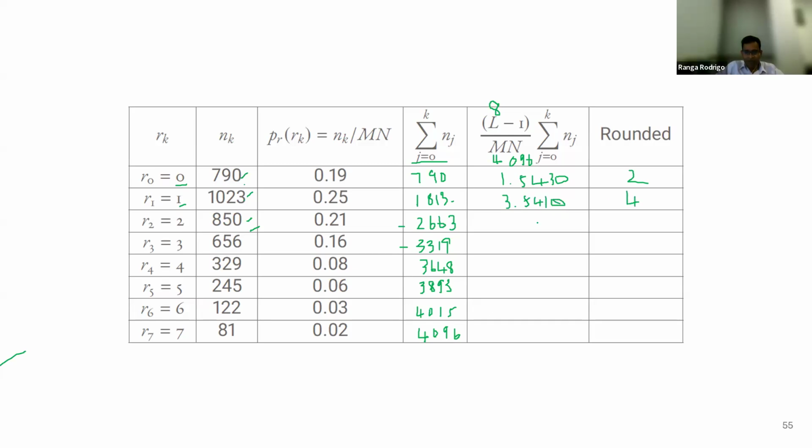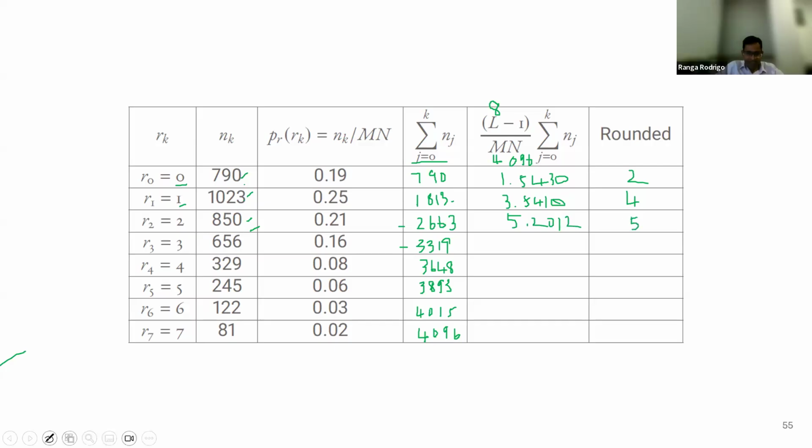Round it. Then we have the next value, 2663, and you get 5.20. Then 2012, approximate it, round it, you get 5.